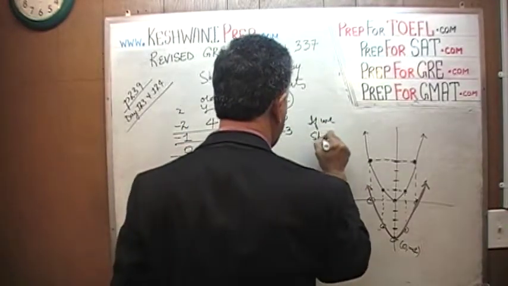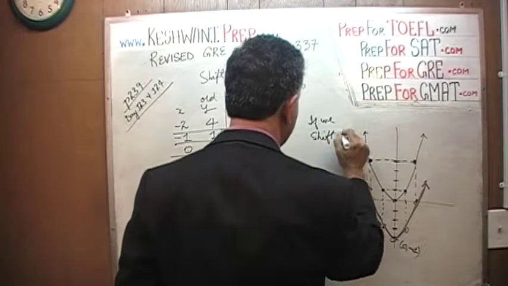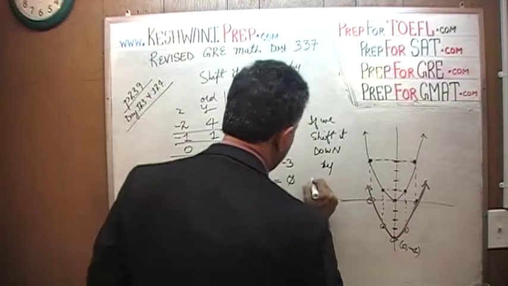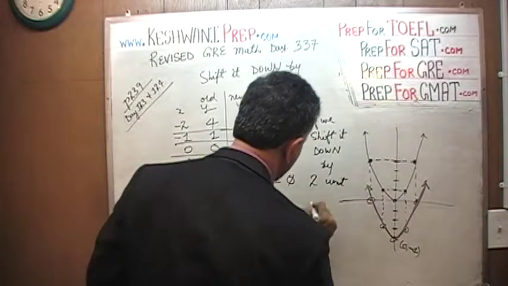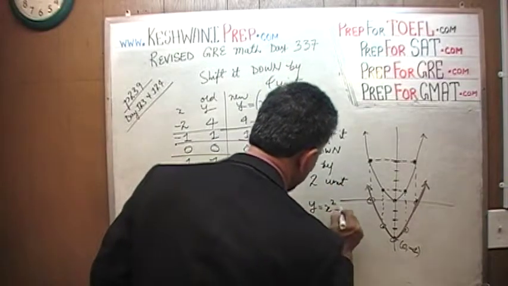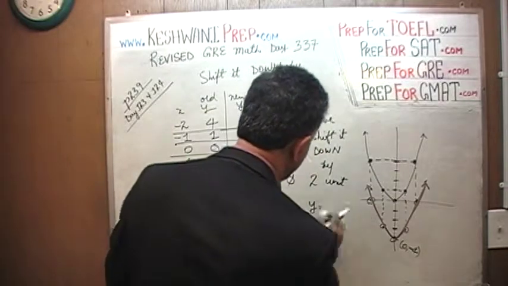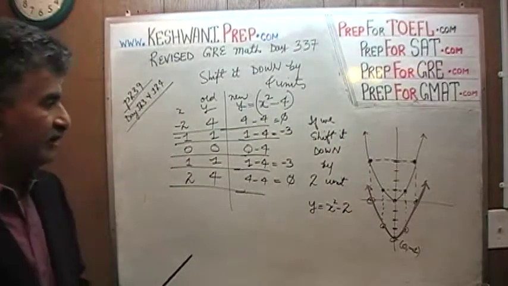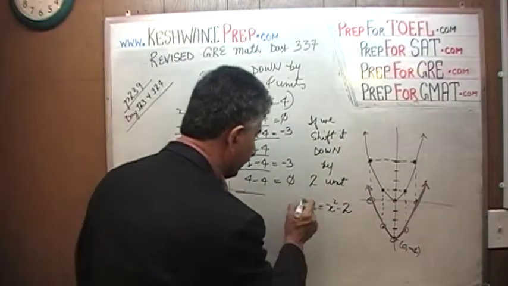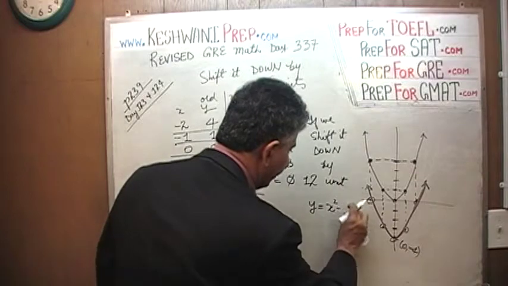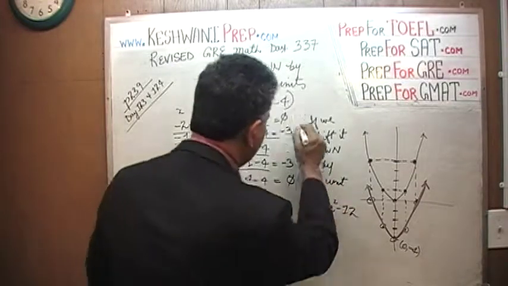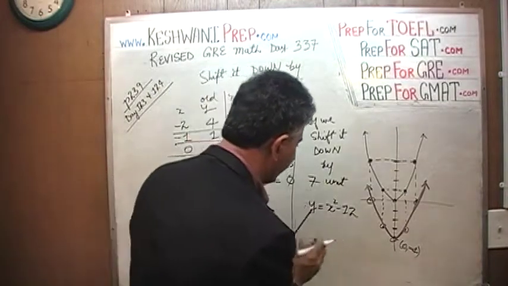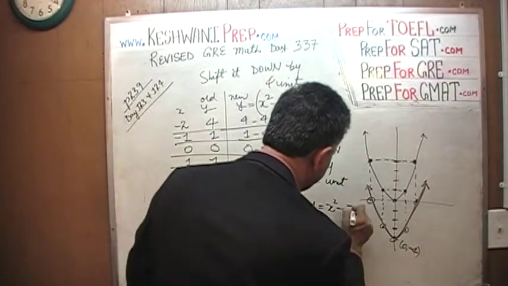If we shift it down by 2 units, y is going to be x squared minus 2. If we shift it down by 12 units, it's going to be x squared minus 12. If we shift it down by 7 units, it's going to be x squared minus 7.